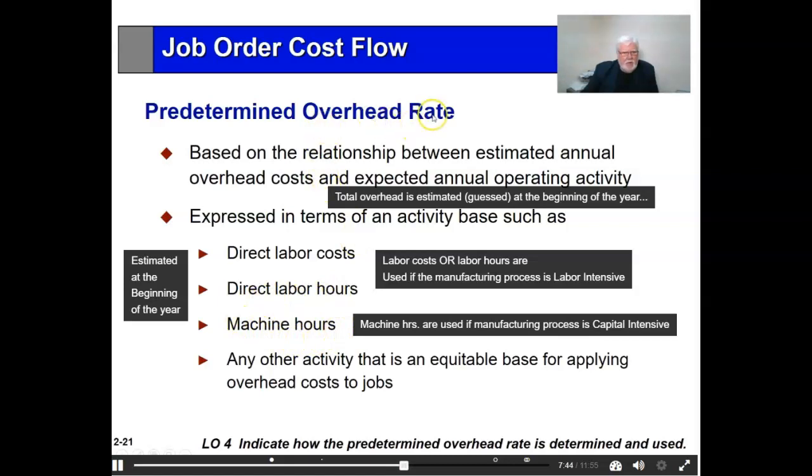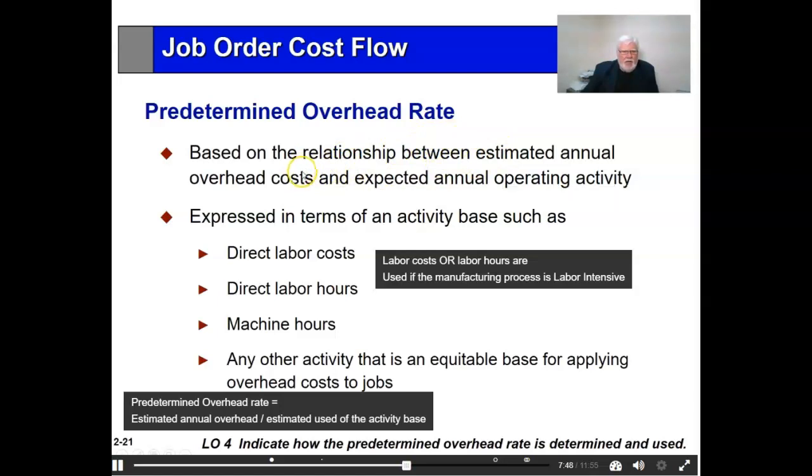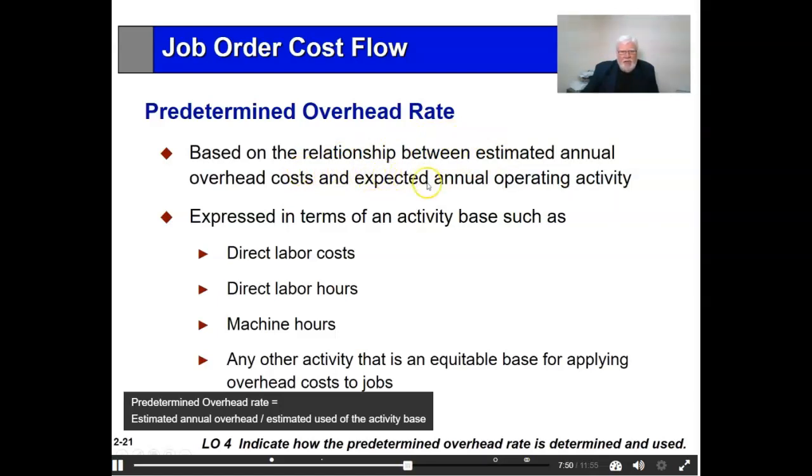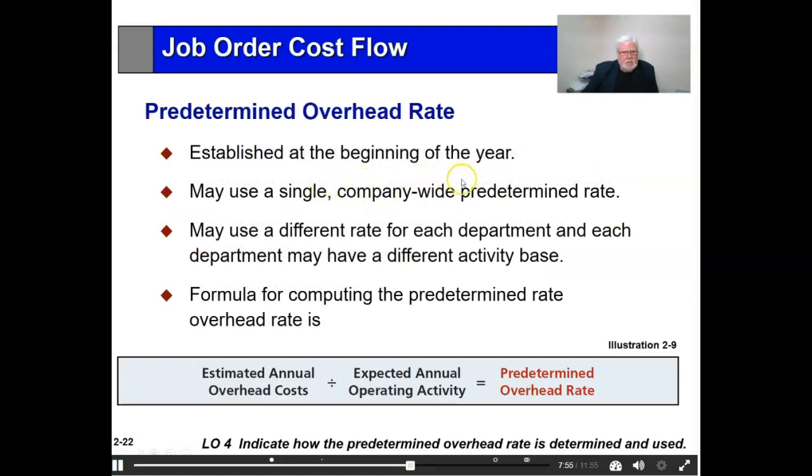So the predetermined overhead rate is an estimated annual overhead cost over the estimated annual operating activity. So it's established at the beginning of the year. They can use either a single or a company-wide predetermined rate.